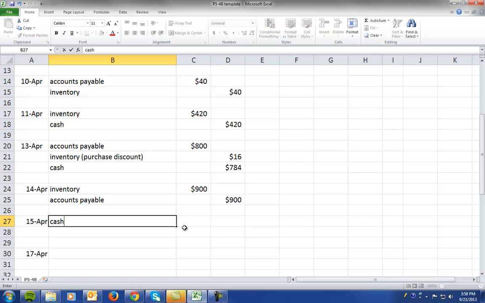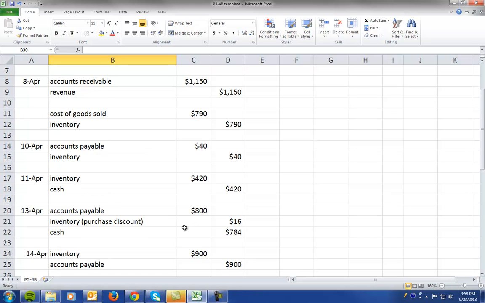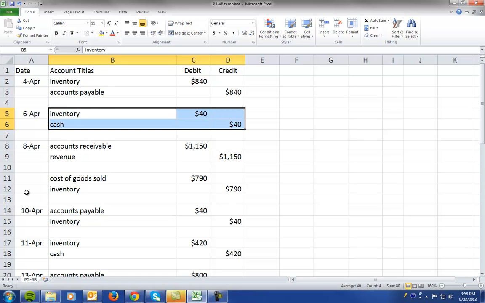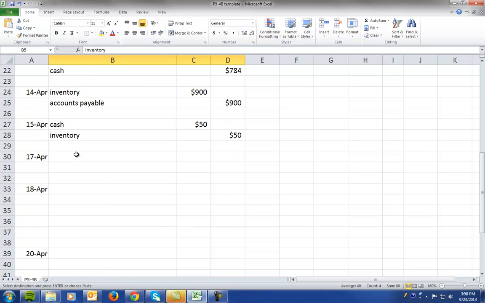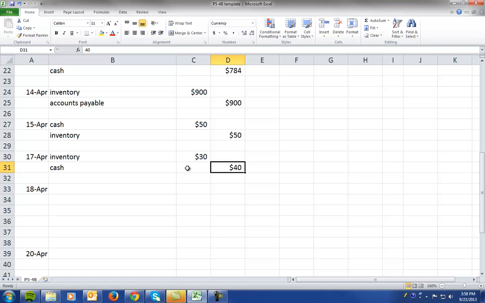So, since that was a cash purchase, we want to debit cash and credit inventory for $50. Then on the 17th, they say they paid the freight for Haley Sportswear, which is $30. So that is the same as this transaction. I'm going to debit inventory and credit cash. Oops, and this was $30 instead of $40.